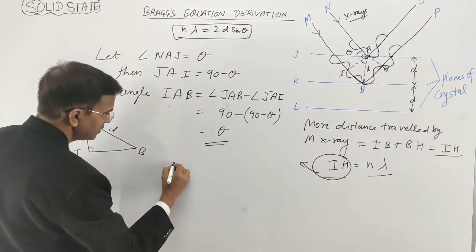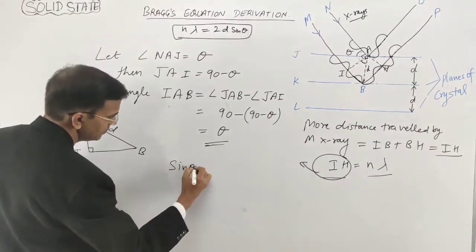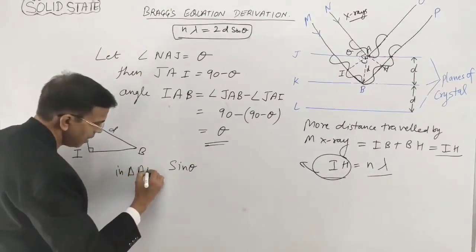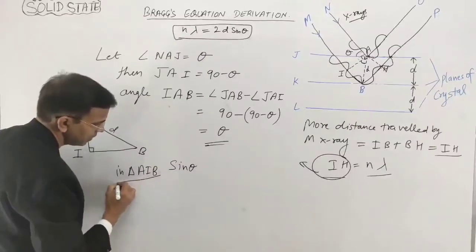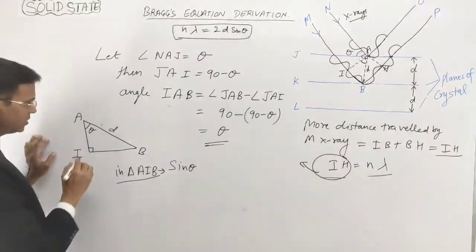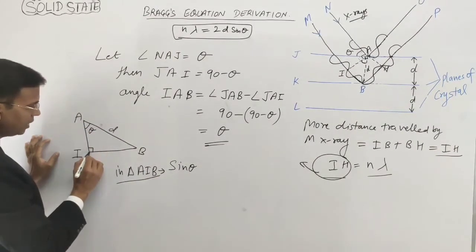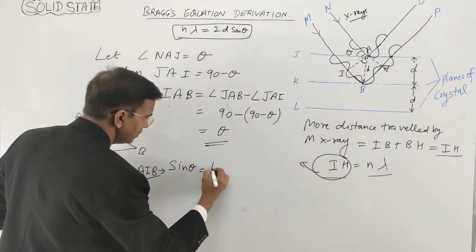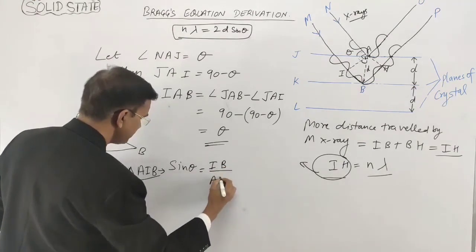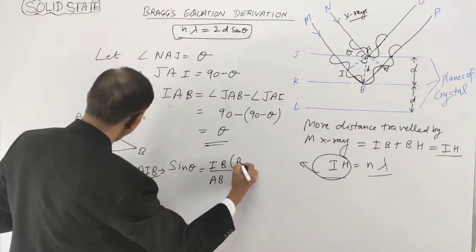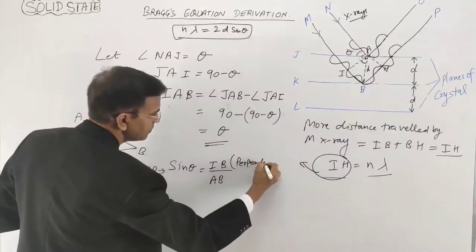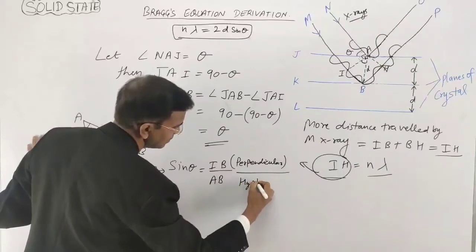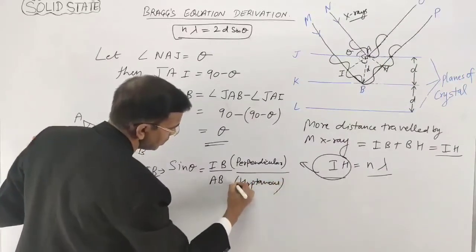So in triangle AIB, sin theta is equal to perpendicular IB upon hypotenuse AB. This is perpendicular upon hypotenuse, right?